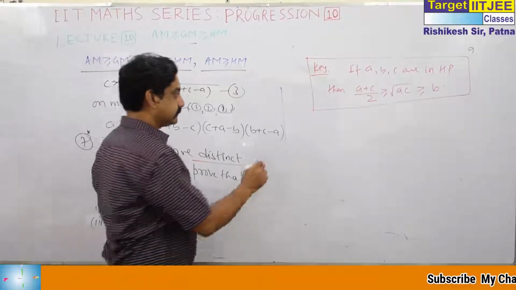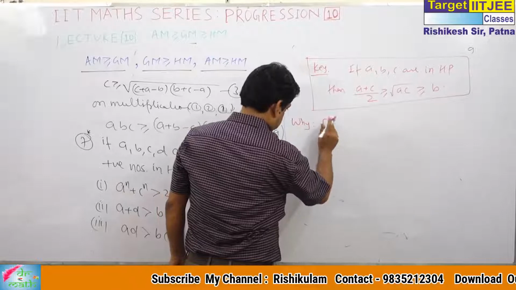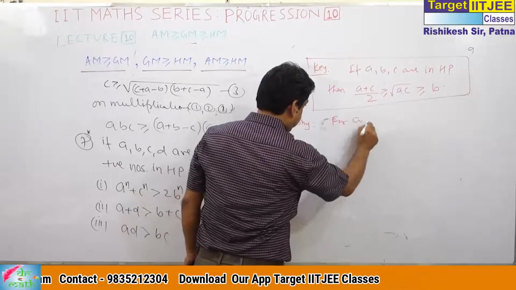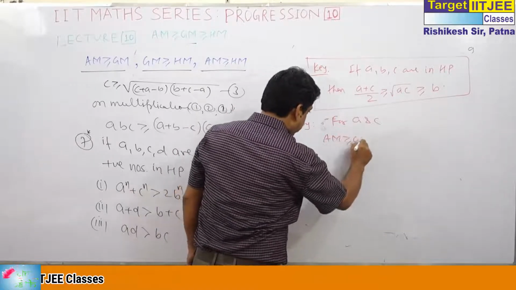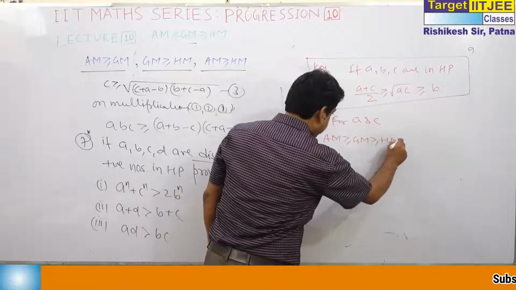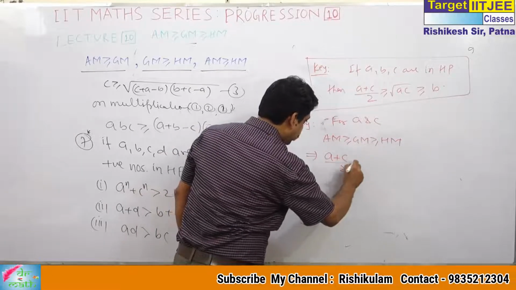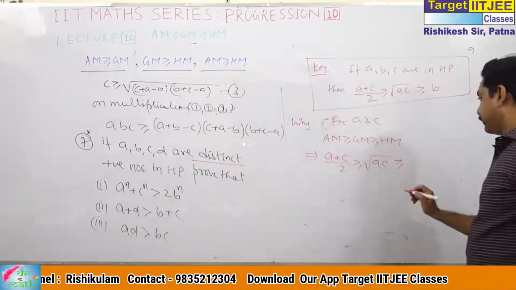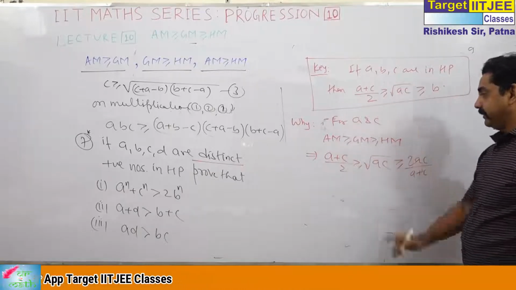Why? For A and C, AM greater than or equal to GM greater than or equal to HM implies (A plus C)/2 is greater than root AC, which is greater than 2AC/(A plus C).